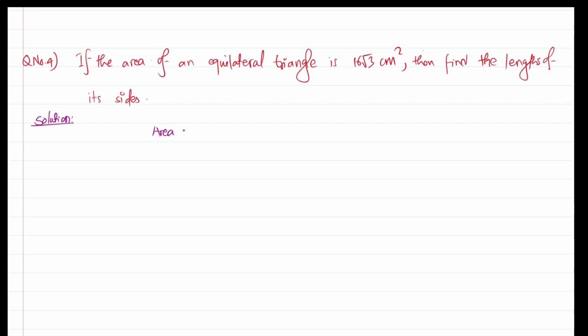Area of equilateral triangle A is equal to 16 root 3 centimeters square. We need the value of A, the length of a side.